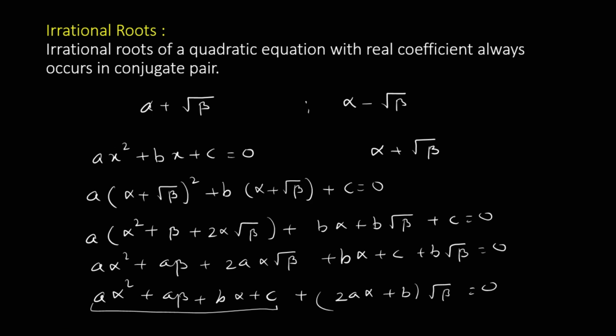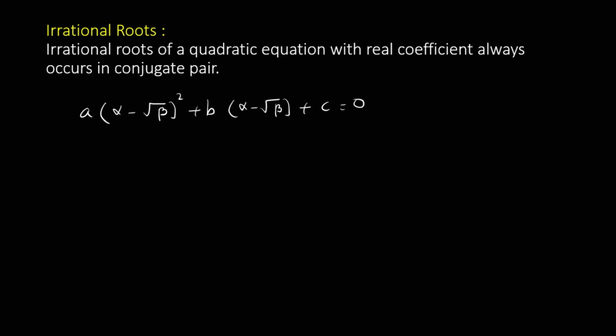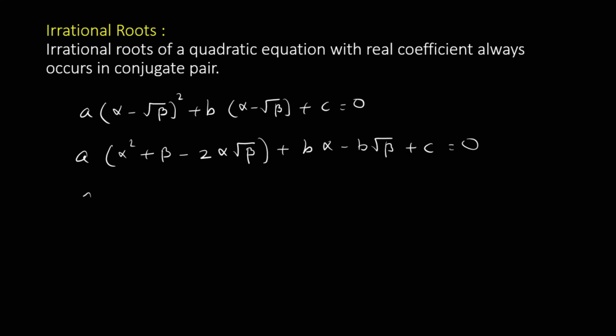So we put this value in this: a(α² + β − 2α√β) + bα − b√β + c = 0. So this is aα² + aβ − 2aα√β + bα − b√β + c = 0.